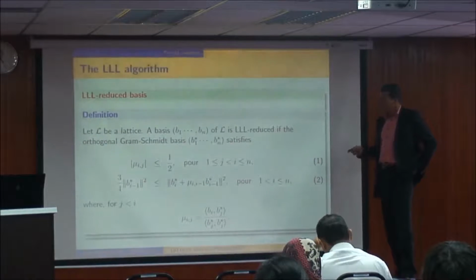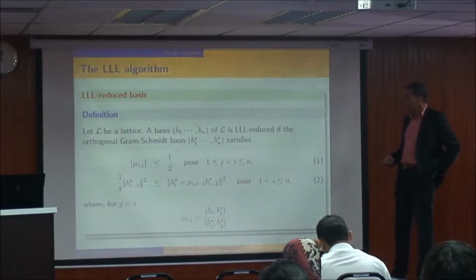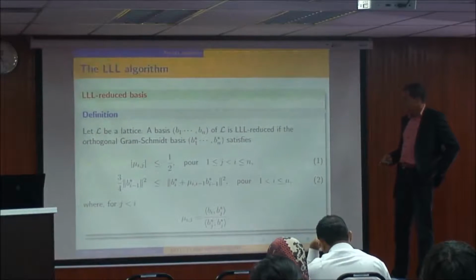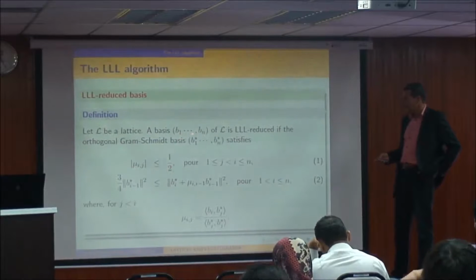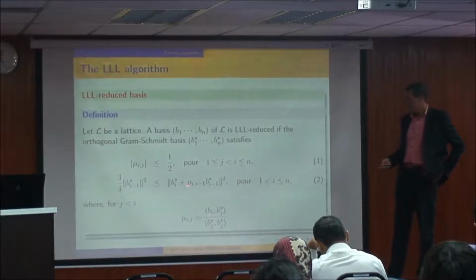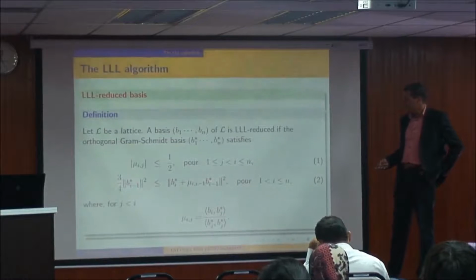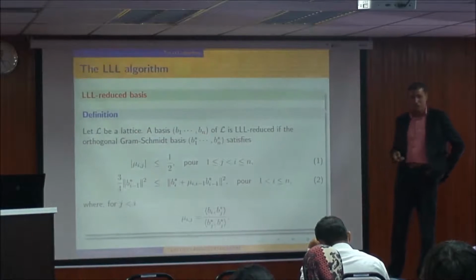So the LLL reduced basis mainly satisfies these conditions. This one means that the vectors B1 to Bn are almost orthogonal, and this one means that the vectors B1 to Bn are short.